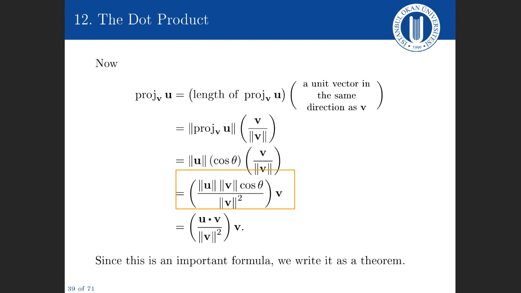But norm of u norm of v cos theta is exactly the same as u dot v. So we get the formula that we're going to be using. The projection of u onto v is u dot v divided by norm of v squared, multiplied by v. This is an important formula, so we're going to write this as a theorem.